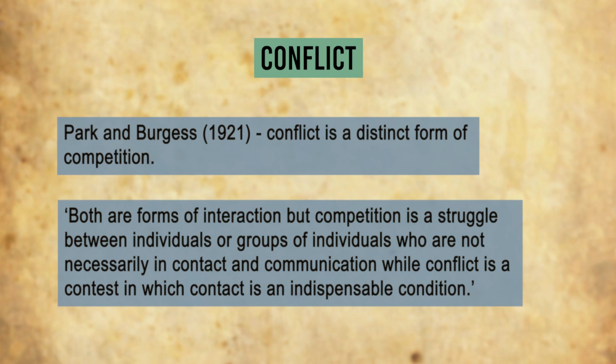But competition is a struggle between individuals or groups of individuals who are not necessarily in contact and communication, while conflict is a contest in which contact is an indispensable condition. So if we say that there is a conflict between two individuals or two groups, there has to be compulsorily a contact between them, which is not the case in competition.